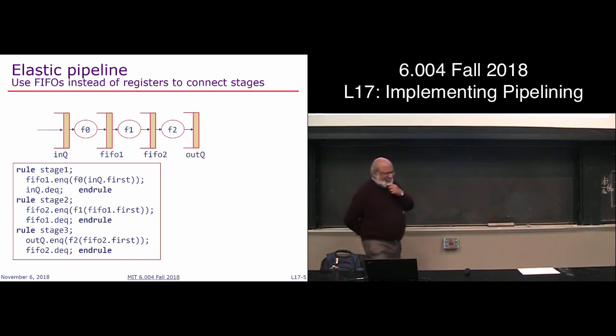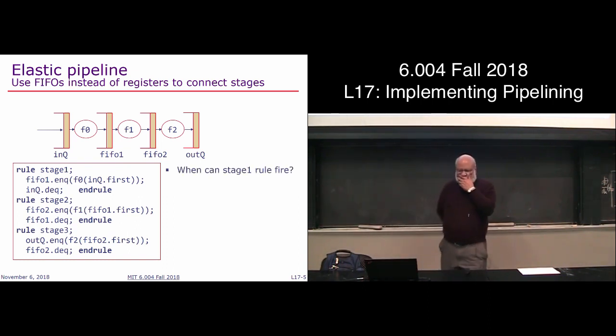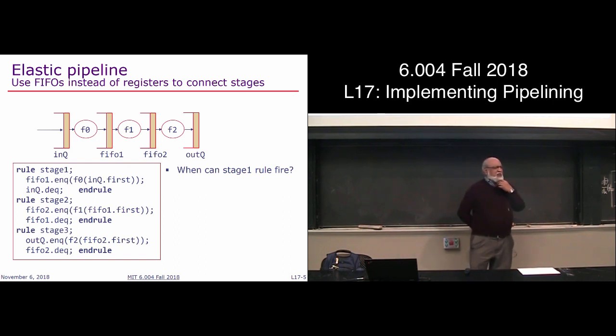Good, good. All right. Let's ask our usual questions about this. So when can the stage 1 rule fire? When there is something in the input and output is not full, right? When FIFO 1 is not full. Good.